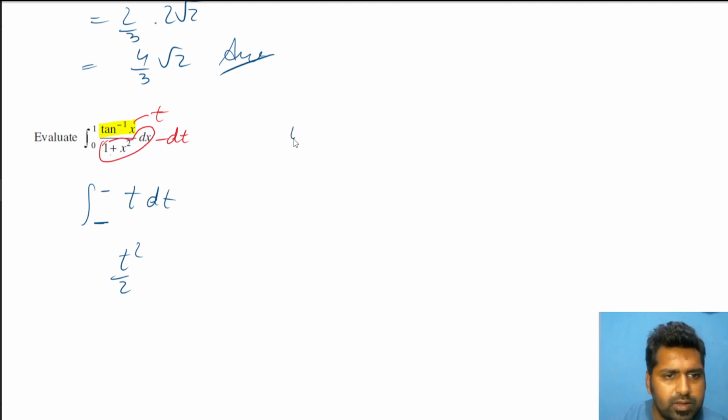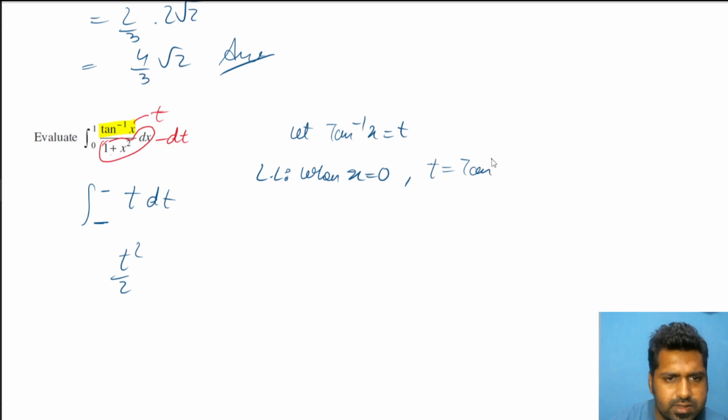Since we have let tan inverse x as t, let's change the lower limit first of all. For the lower limit, when x is 0, if I put x as 0, what do I get? t is tan inverse 0.